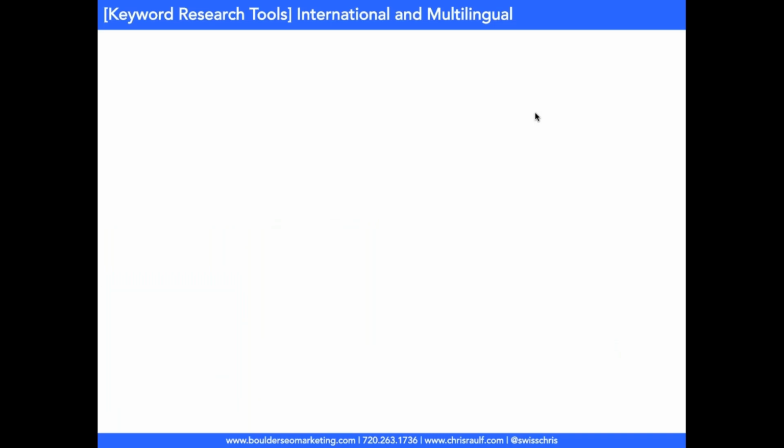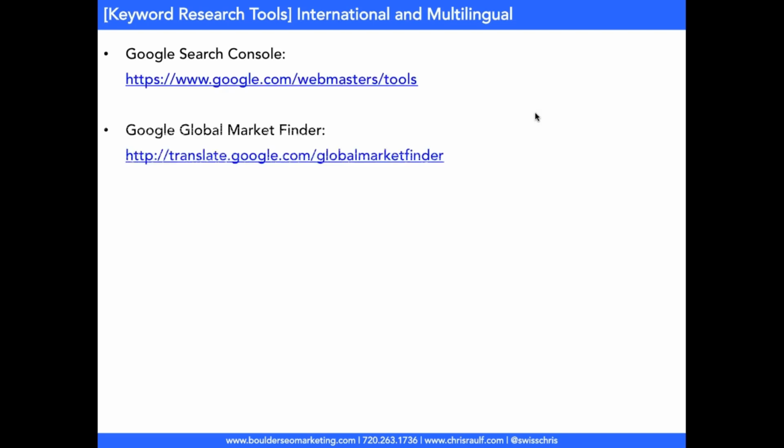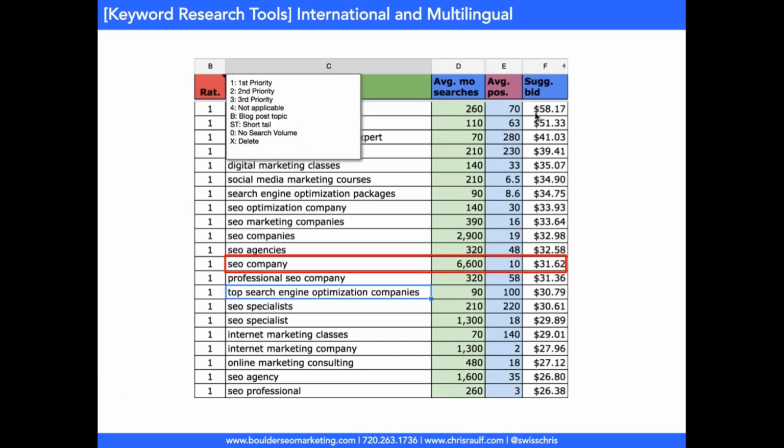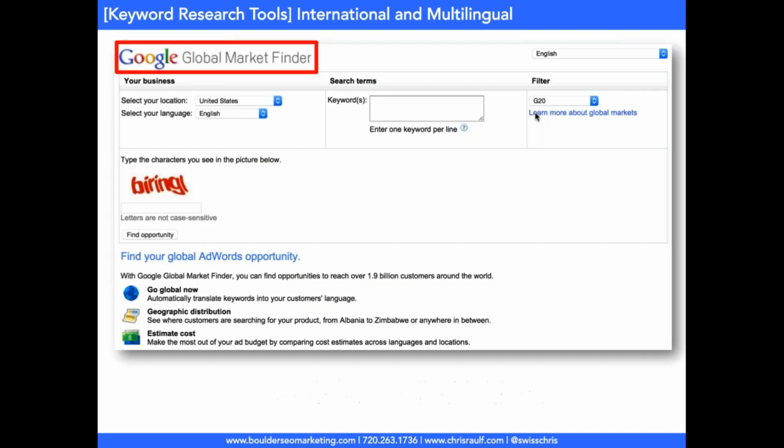All right, so let's take a look at the keyword research process for ISEO. Again, these are the tools that I recommend you take advantage of. These are all free Google tools. So let's say I want to venture into the German market.